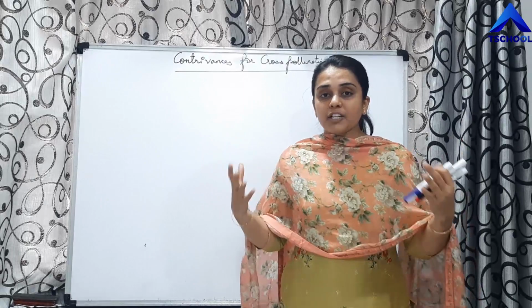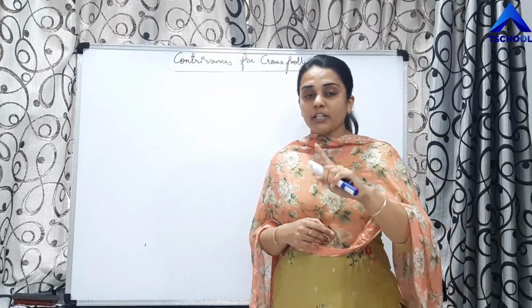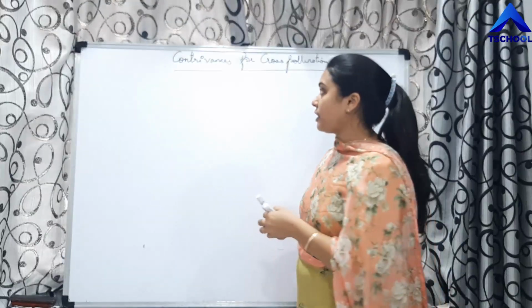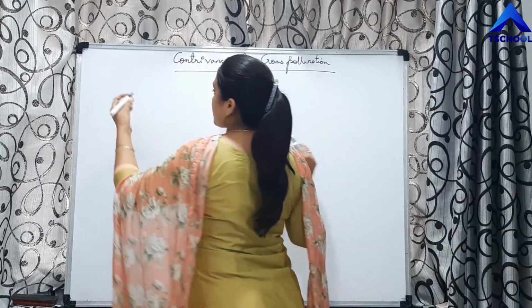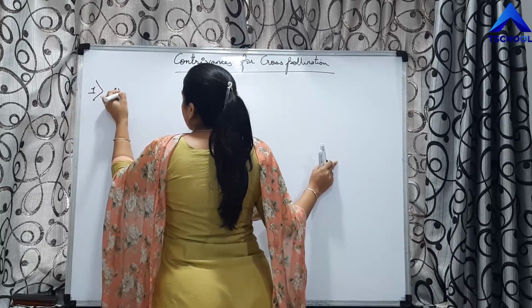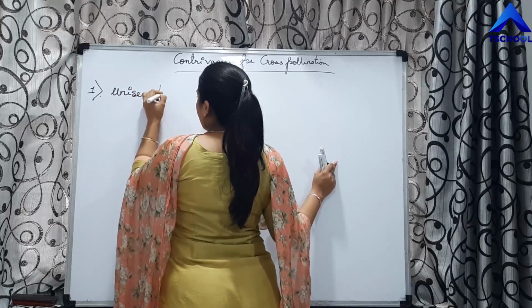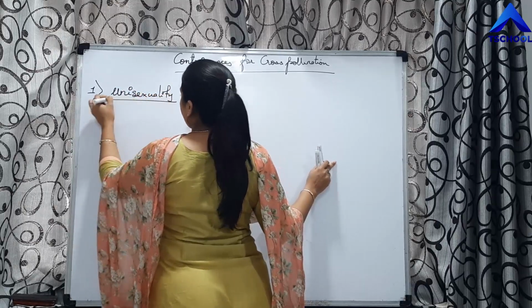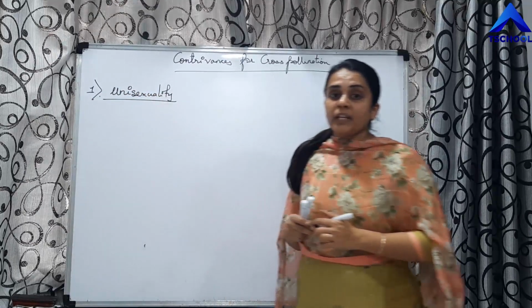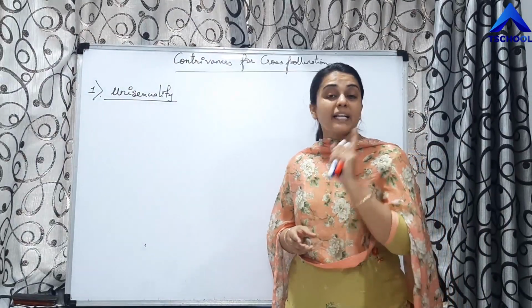But there are some adaptations which the plants make so that they favor cross-pollination and not self-pollination. Which are those contrivances? The first one is unisexuality, right? So the contrivance for self-pollination was bisexuality.